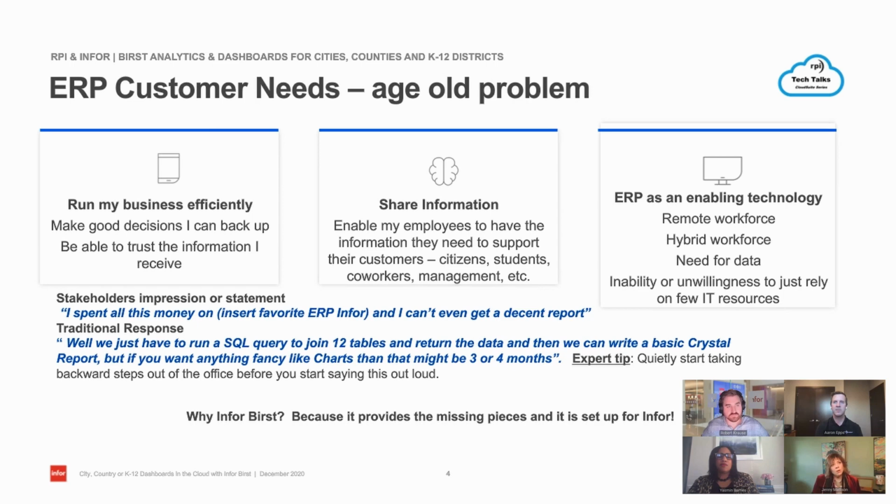And this is not just an Infor issue in terms of, I've implemented this ERP and now I don't have access to my data as much as I would like. You know, I've spent all this money and we put in this big system and you're telling me I can't get a standard report. That happens with systems in general, and I've seen it with the other ERPs in the marketplace as well.